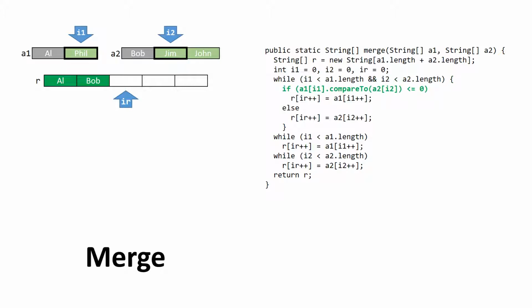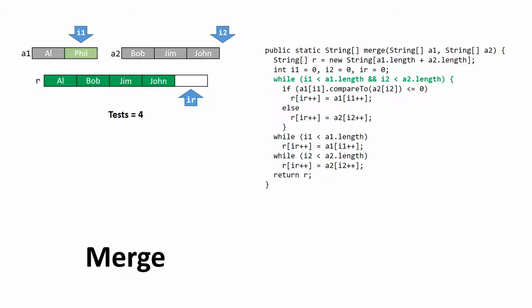So we do the next comparison, and in this case, the second list wins. We move Jim in, and we advance our pointers. Returning to the while loop, confirm that we're not done. Check the next 2 items. List 2 wins again, and we increment our pointers.